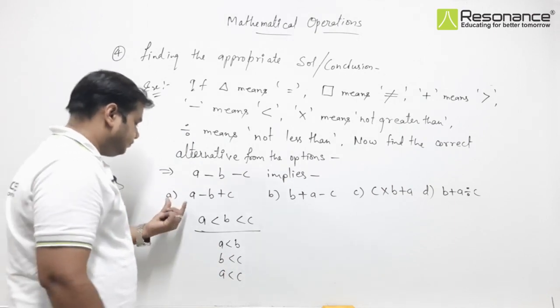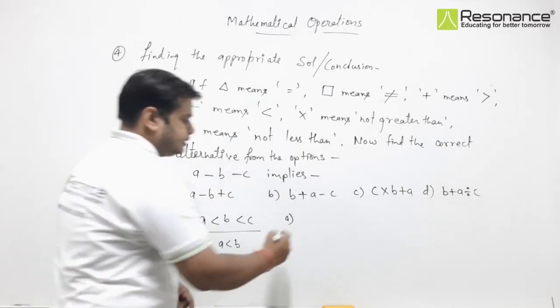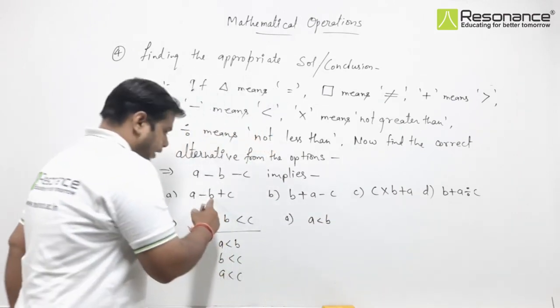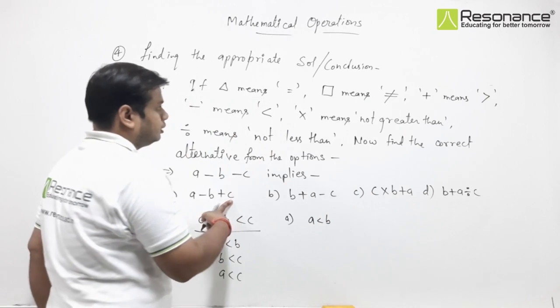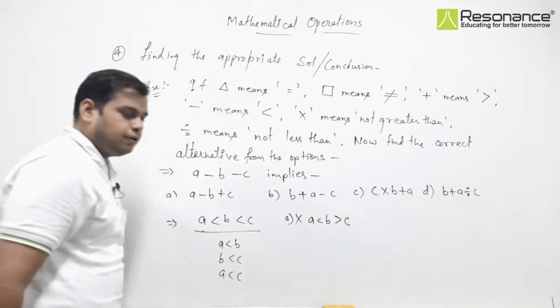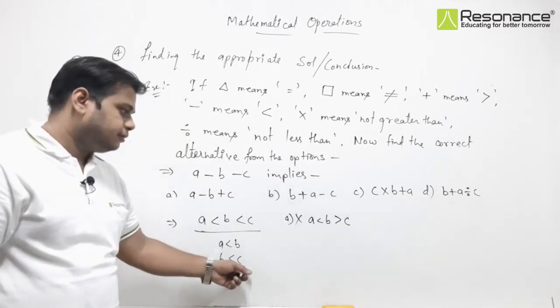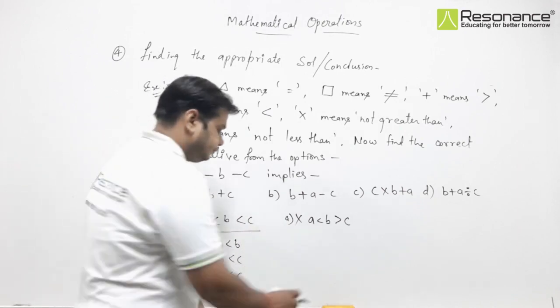So let's understand with the first option. The first option says A minus B means A is less than B, and B plus C means B is greater than C. So option A becomes wrong because B is not greater than C, B is less than C. So option A is wrong.